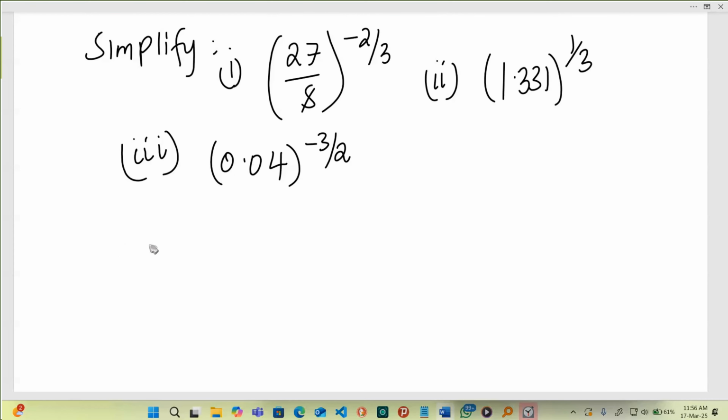So one, to simplify 27 out of 8 raised to a power of negative 2 out of 3.